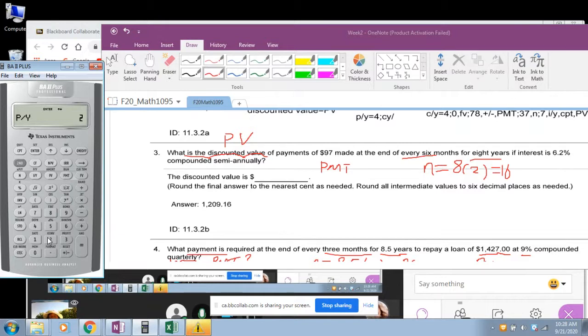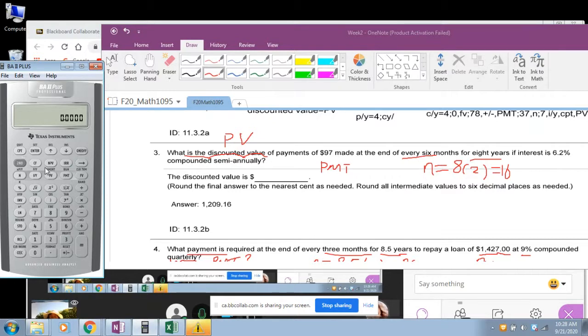P/Y is number of payments per year. Press Enter key. Then use this down arrow key to see C/Y. C/Y is 2. Enter key to take effect. And then second quit. So you set up P/Y equal to 2, C/Y equal to 2.